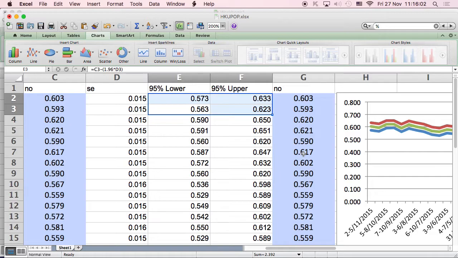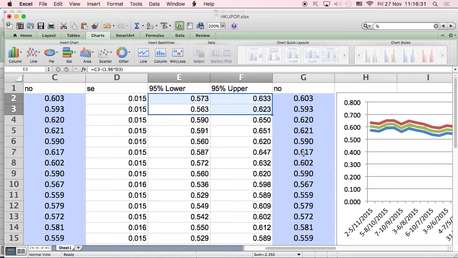So the first one is up to 63.3%, and the second one is 56.3 up to 62.3.